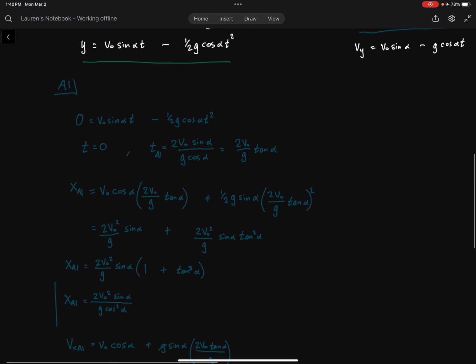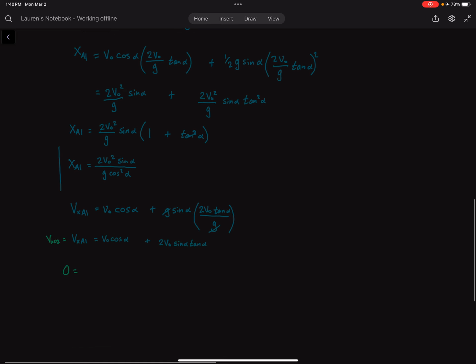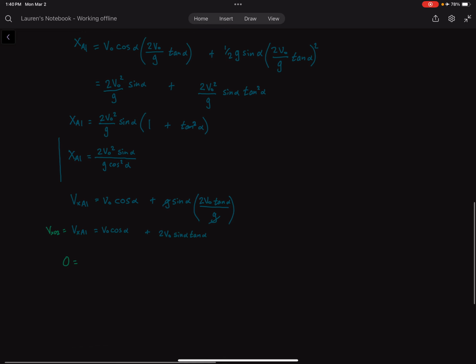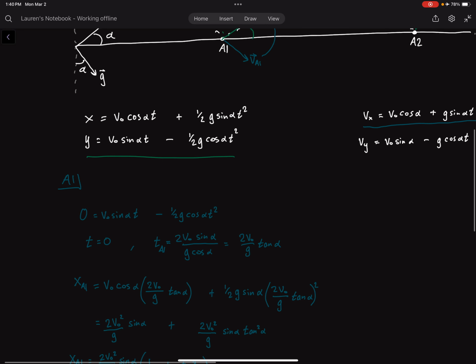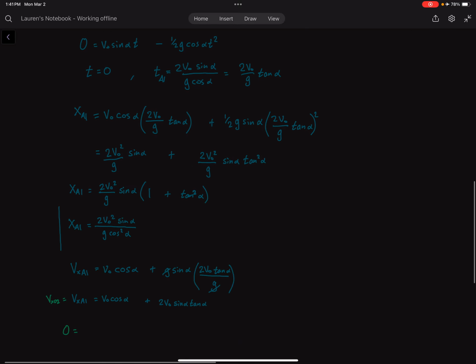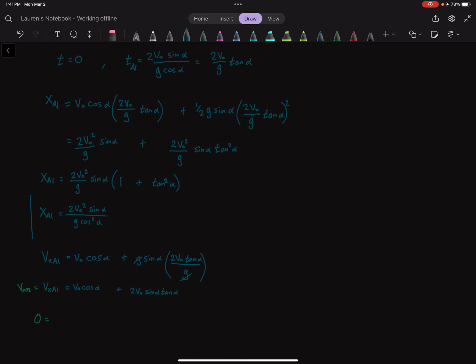We have a new V naught, so we have to plug in our V. Oh, well, we don't have a full V naught here. We just have the x component that we have found. But if we can find the y component, then we have this entire thing here. So let's go back and find that y component.